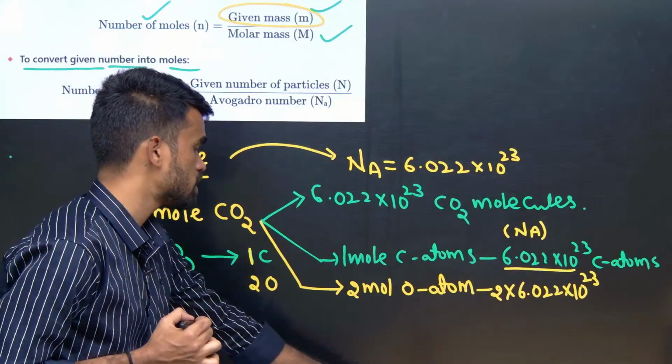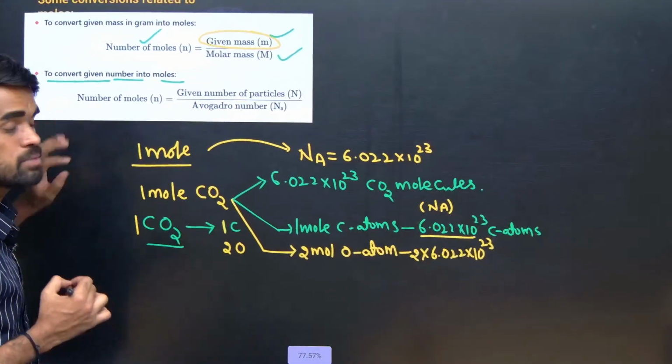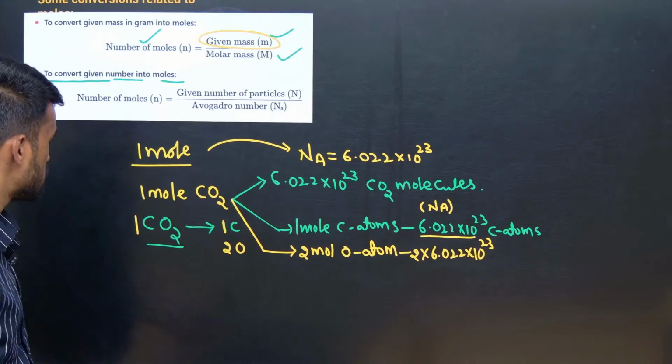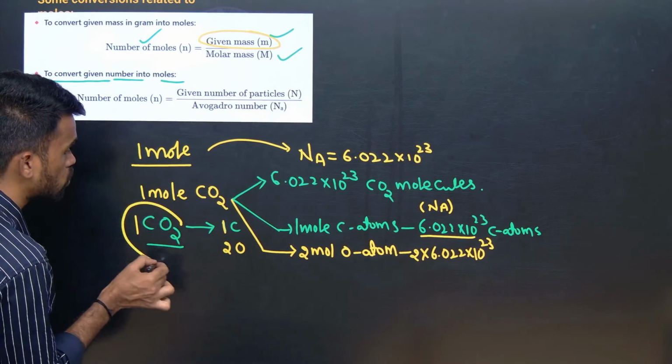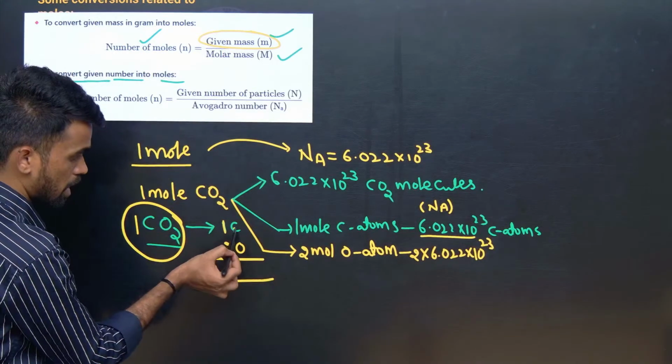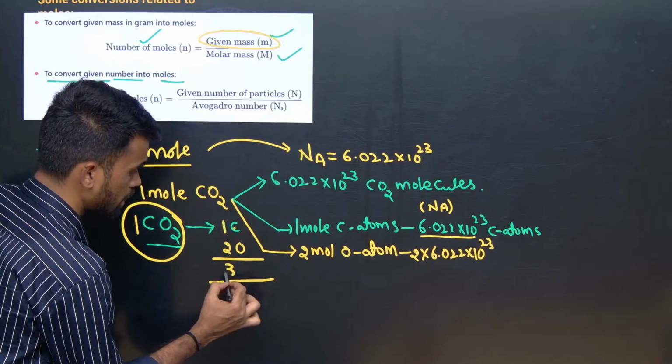Now the question is, if they ask for the total number of atoms, how can we do this? In 1 molecule of CO2, how many atoms are there in total? 1 carbon plus 2 oxygen, so 3 atoms.